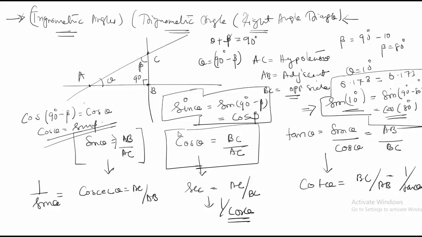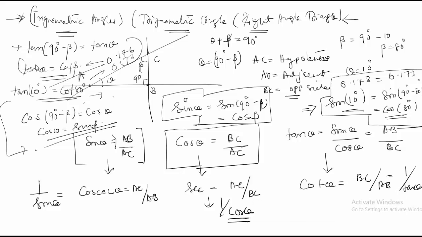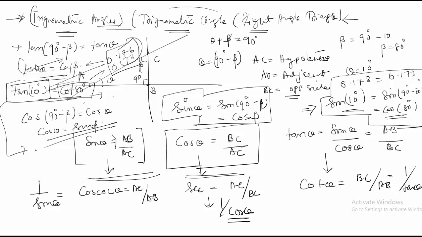Again, my tan of 90 degrees minus beta will be equal to my tan theta, so my tan theta is equal to cot beta, and it is possible to show that my tan of 10 degrees is equal to cot of 80 degrees, which is 0.176. So these are the basic rules in trigonometry, the trigonometric angles from the right angle triangle, and the relationship which you can find.